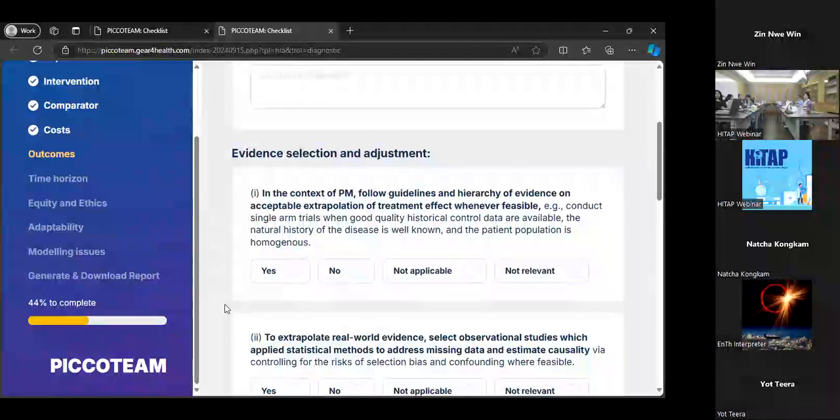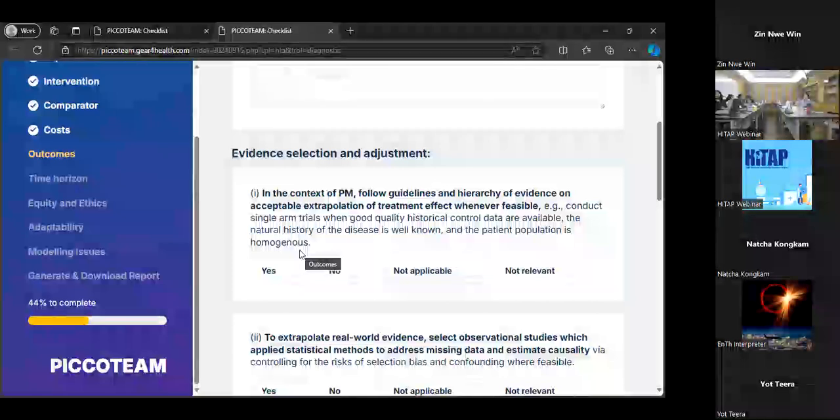And for evidence selection, we recommend, similar to other economic evaluations, that you should follow the hierarchy of evidence. The best would be meta-analysis or randomized controlled trials or single-arm trials, and then real-world data.